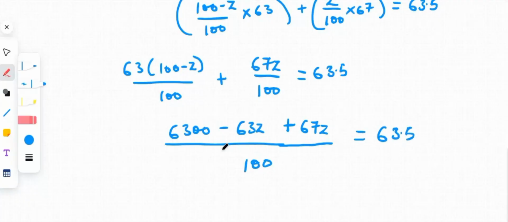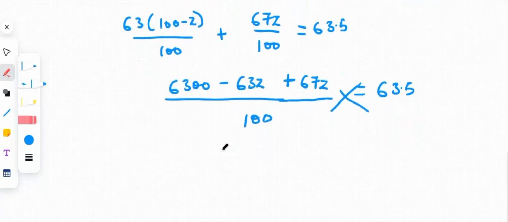So from here we cross multiply. So we now have 6,300 minus 63z plus 67z, which is simply as saying 67 minus 63.